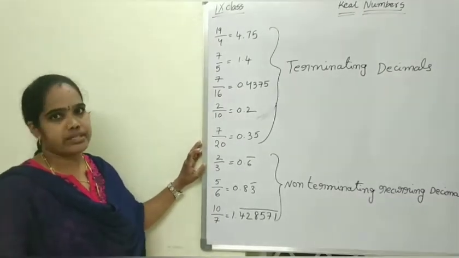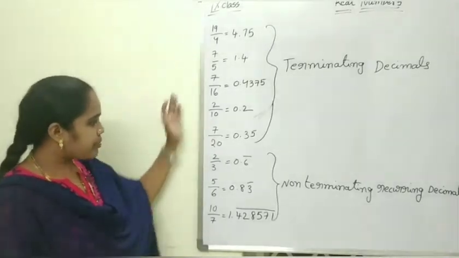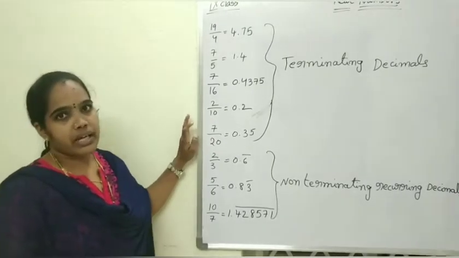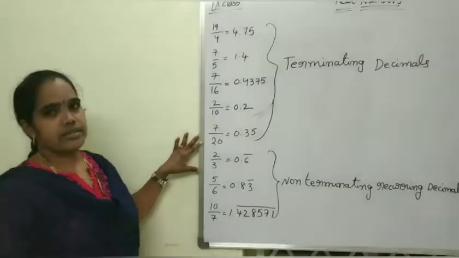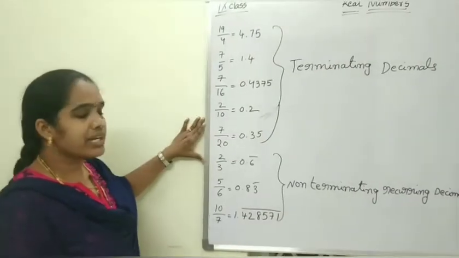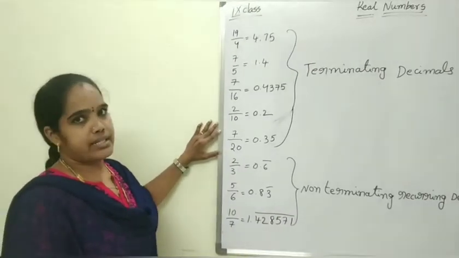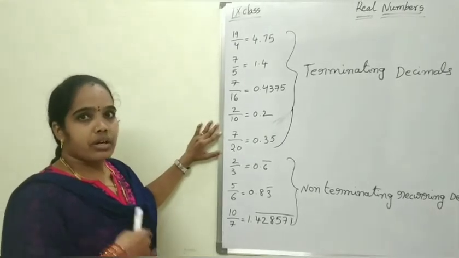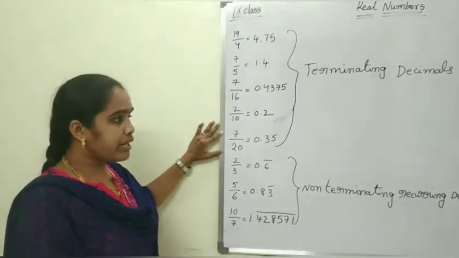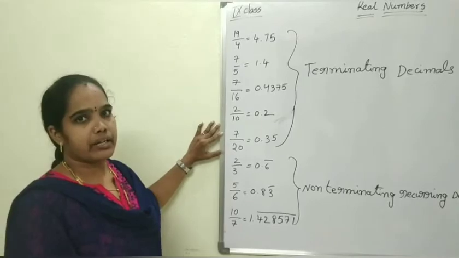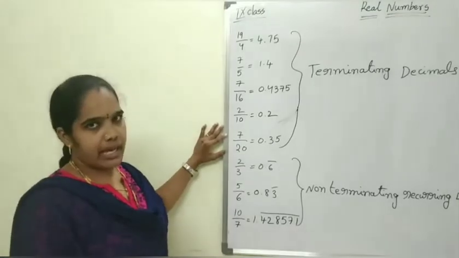From these examples only, we can understand easily. How we can say without division that it is terminating or non-terminating recurring? Let me explain.